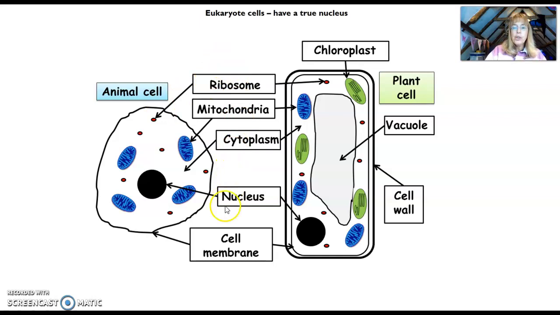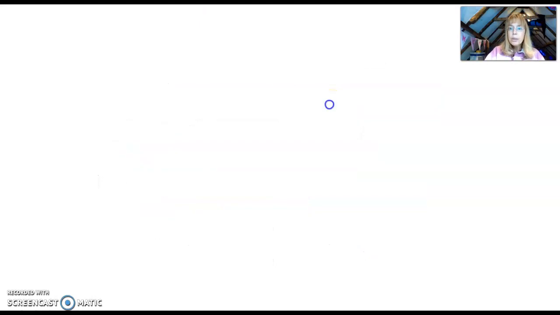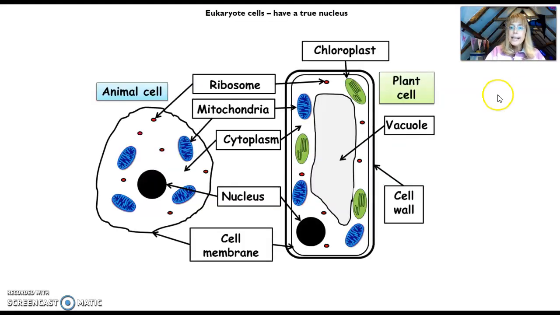Now, all of those structures are found in plant cells as well. So what makes a plant cell unique? Well, the first thing you'll notice is it has a cell wall for strength and support. We also have the chloroplasts in that part of the plant that is exposed to the sun.